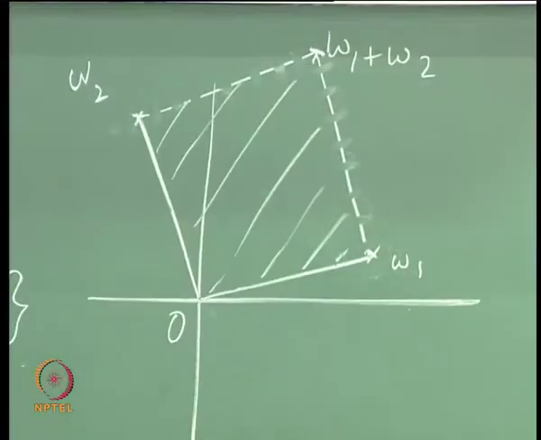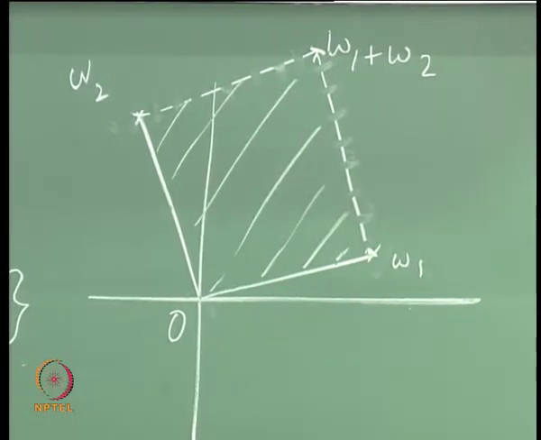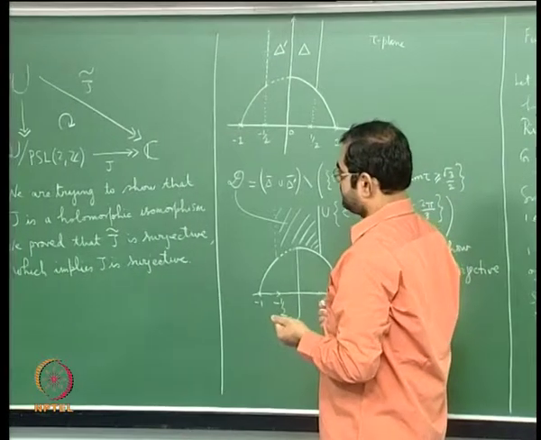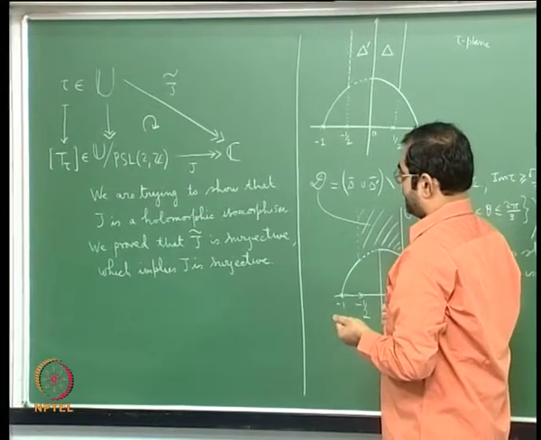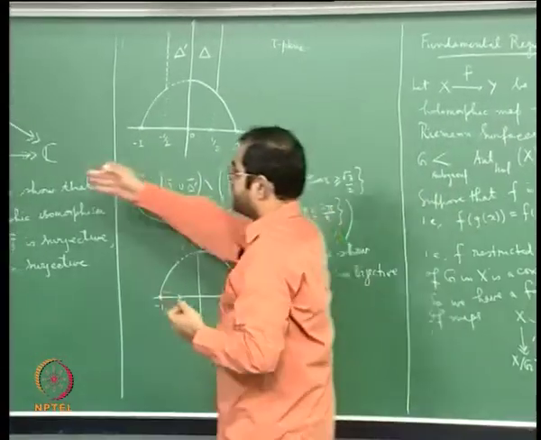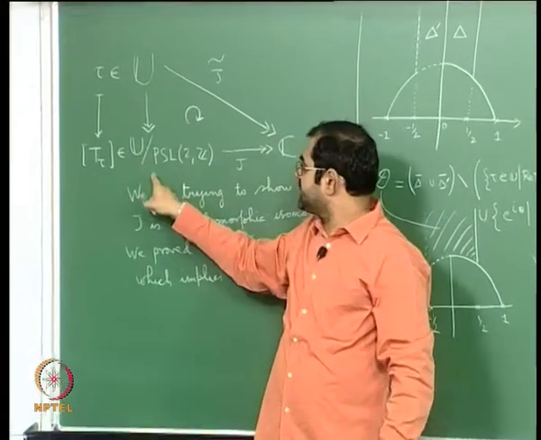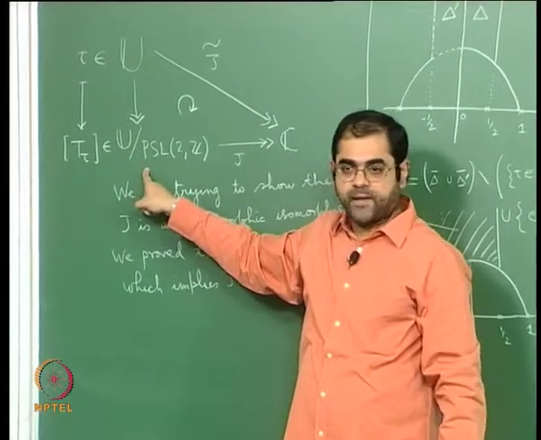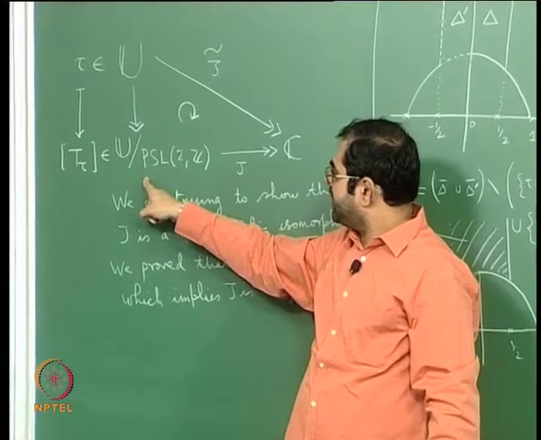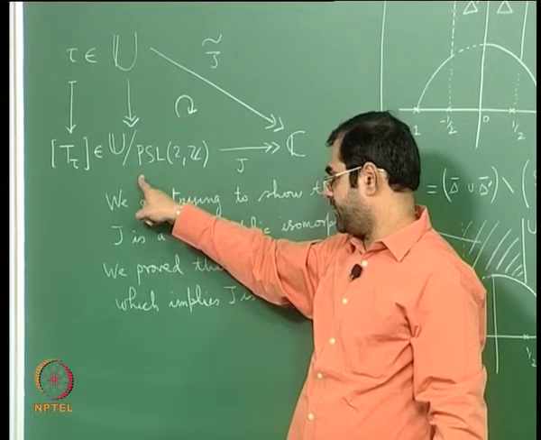So this is one thing, and if you go back to this diagram, this is also a Riemann surface, and this is a holomorphic map.